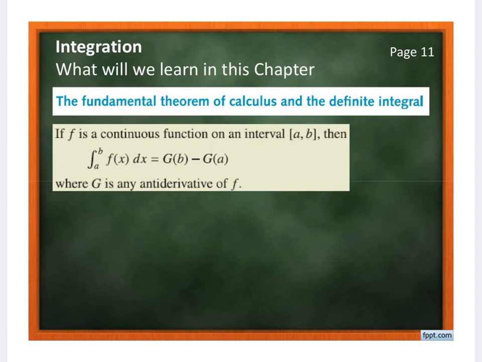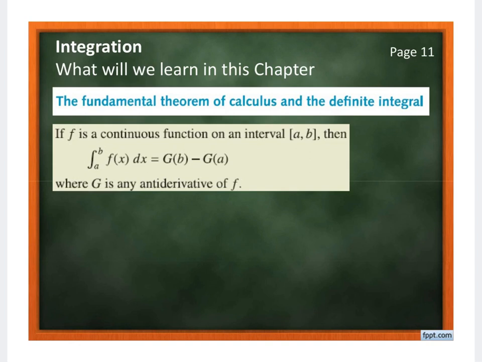If f is a continuous function on an interval a to b, then the integral of f(x) over the interval a to b equals g(b) minus g(a), where g is an antiderivative of f.